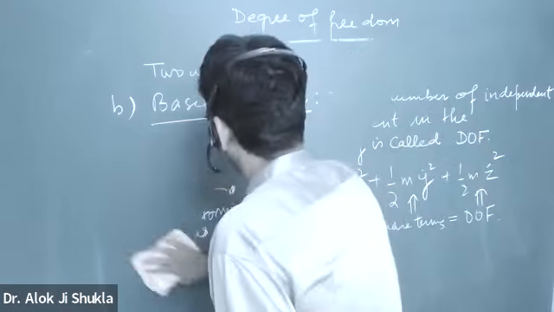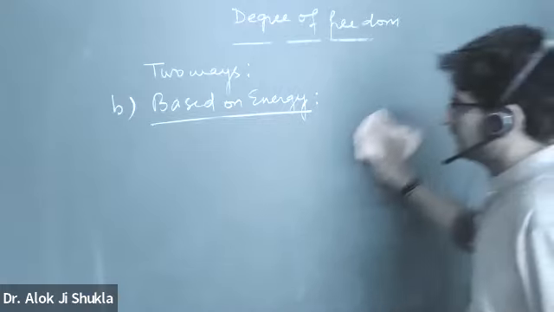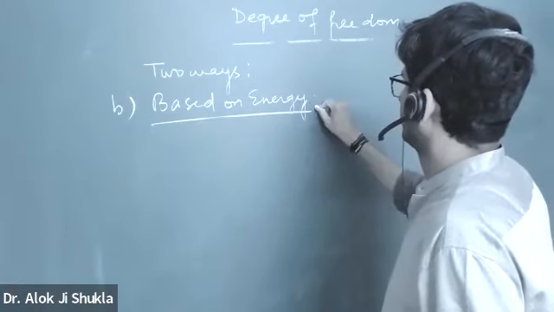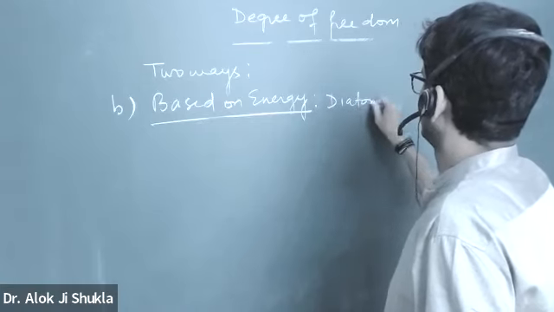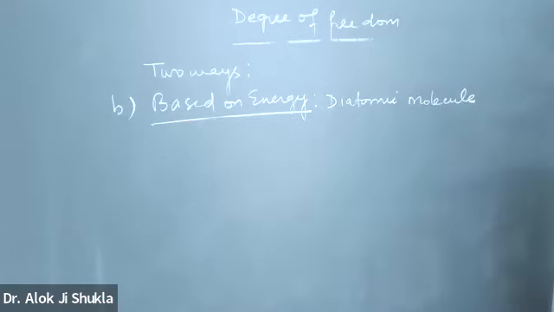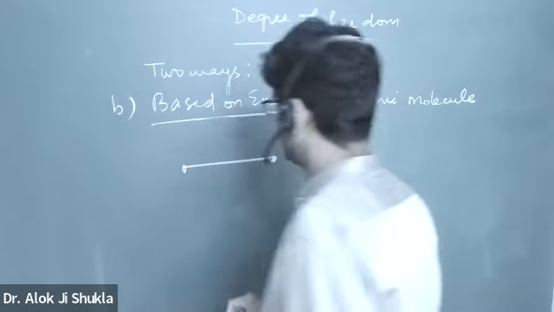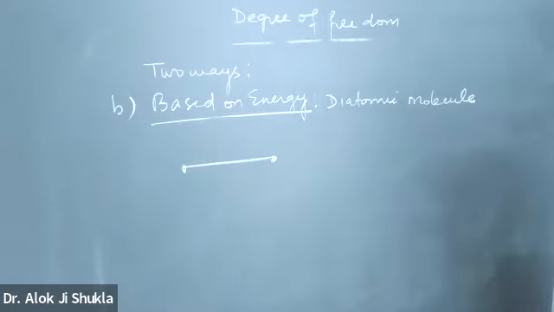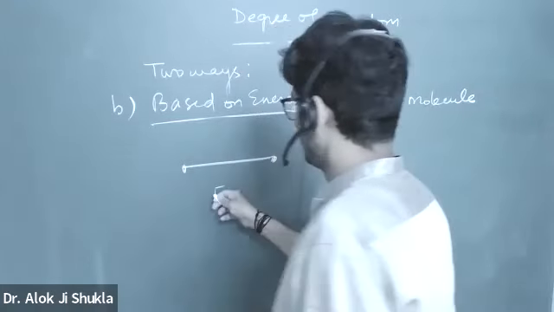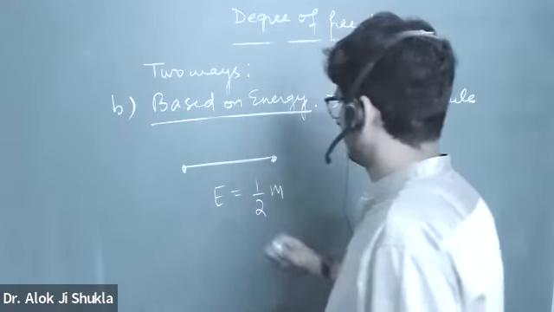Now let us take the diatomic molecule. If I consider a diatomic molecule, then energy is equal to, so translational energy is present obviously, half m, we will write the translational energy of its center of mass.